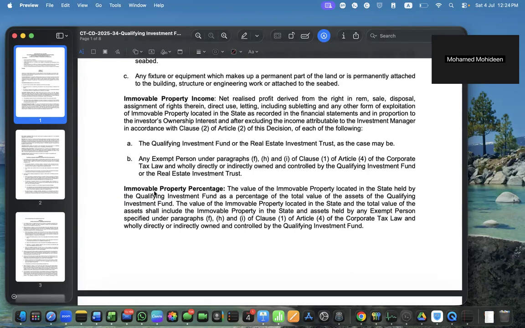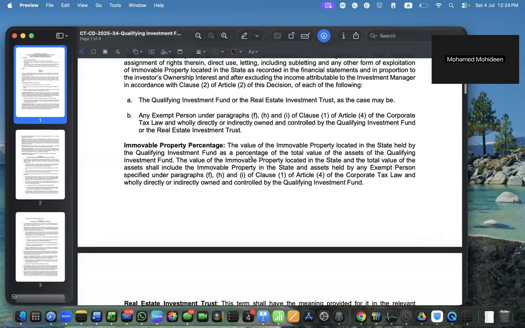Okay. Then what do we have next? Immovable property percentage. The value of the immovable property located in the state held by the qualifying investment fund as a percentage of the total value of the assets of the qualifying investment fund.